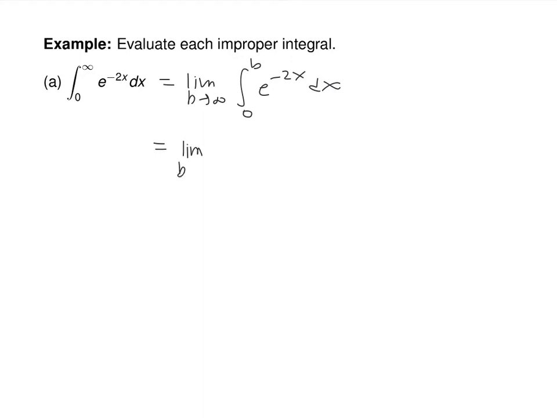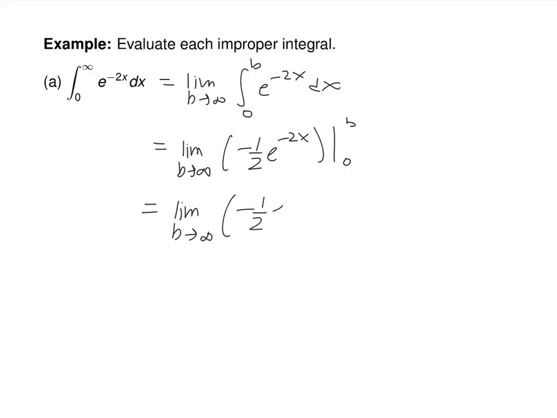So the limit as b goes to infinity of negative 1/2 e to the negative 2x, and we input 0 and b. So we have the limit as b goes to infinity of negative 1/2 e to the negative 2b minus negative 1/2 e to the 0.